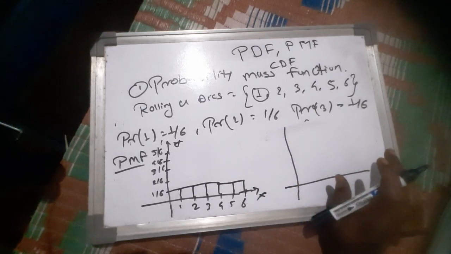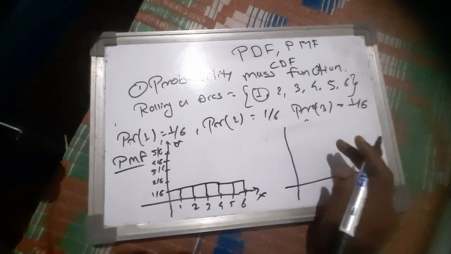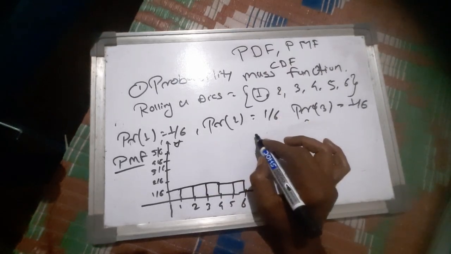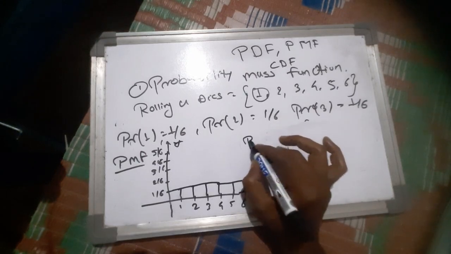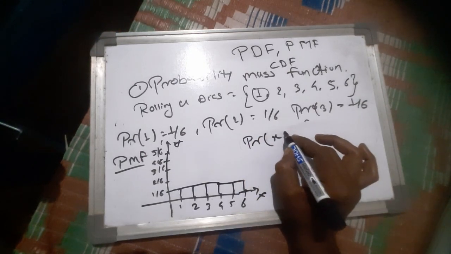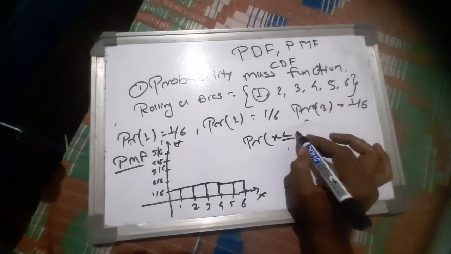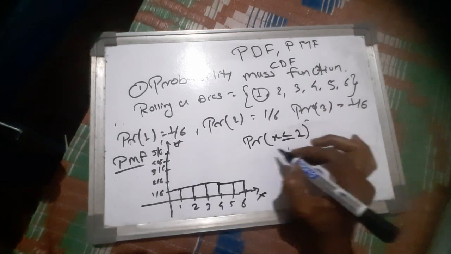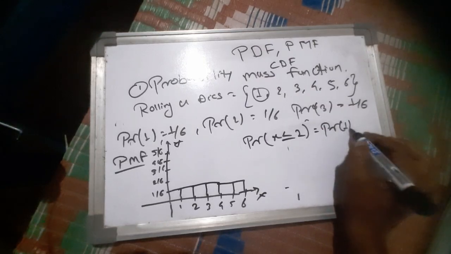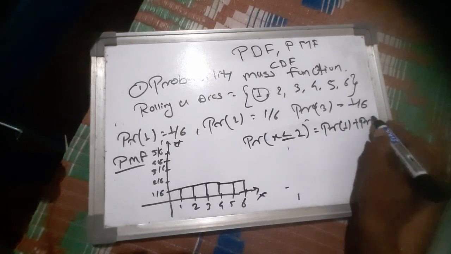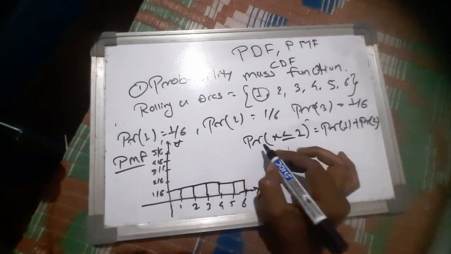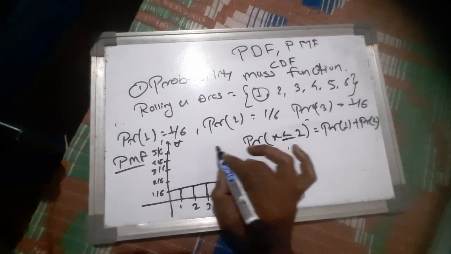First of all, in a CDF graph, consider the probability of x less than or equal to 2. What is that? It is the probability of 1 plus the probability of 2, right? This is the CDF.